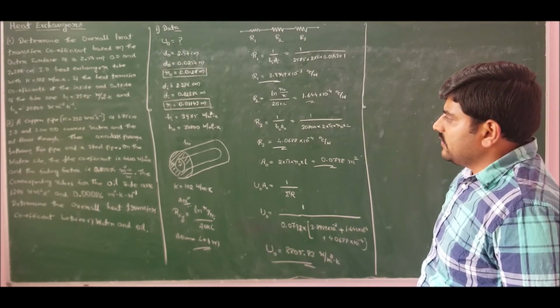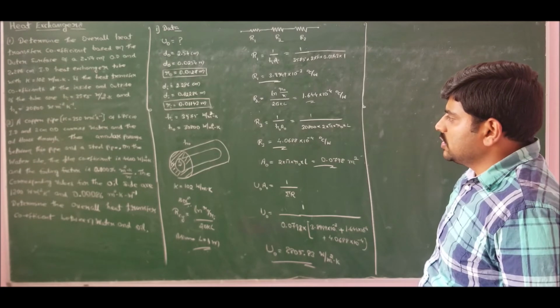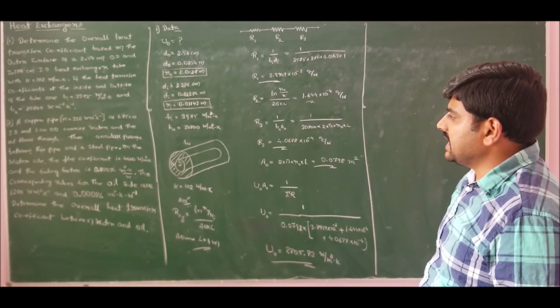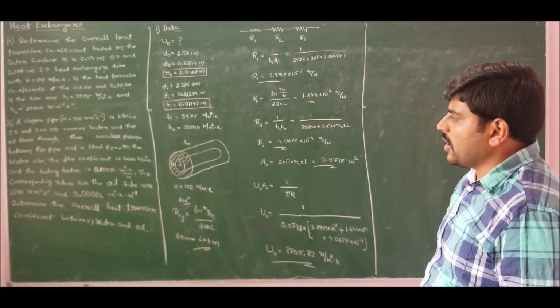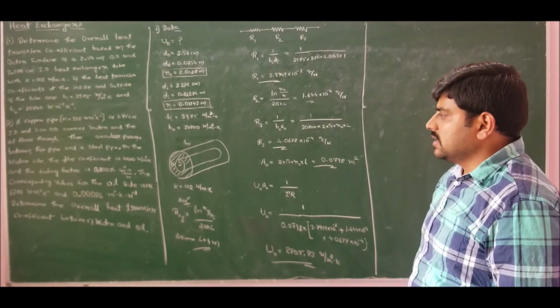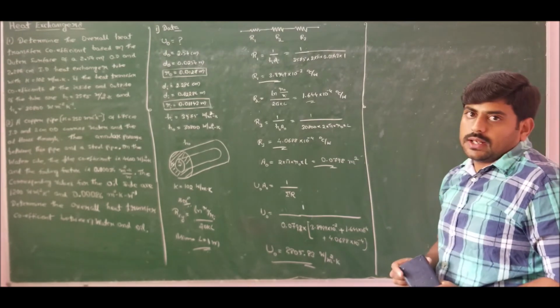On the water side, the film coefficient is 4600 watt per meter square Kelvin and the fouling factor is 0.00034. The corresponding values for the oil side are 1200 watt per meter square per Kelvin and 0.00086 meter square Kelvin per watt. Determine the overall heat transfer coefficient between water and oil.